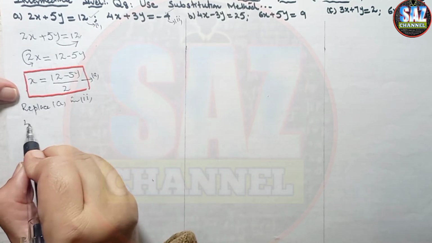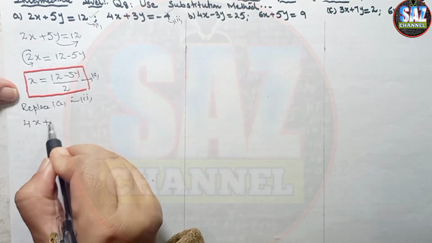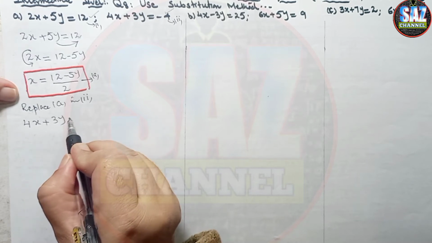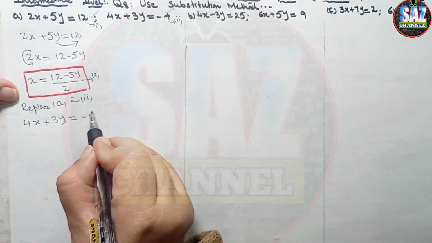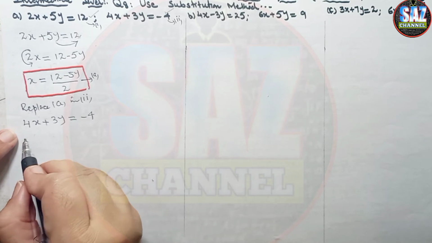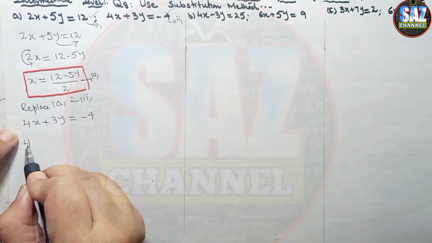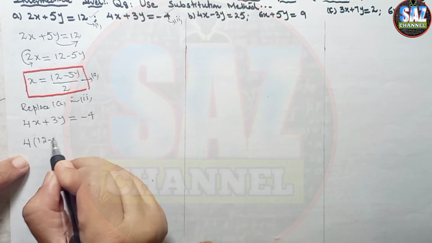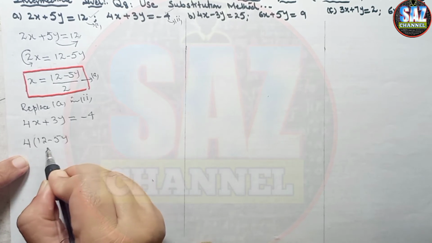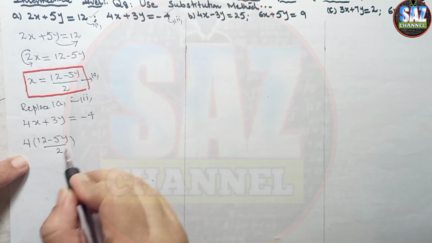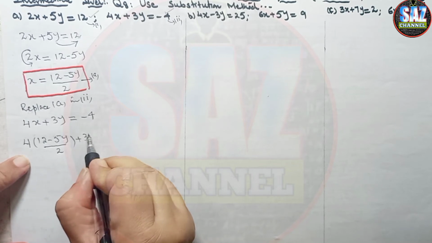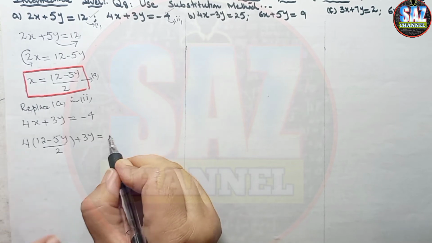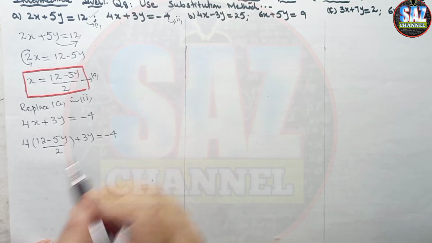So equation 2 will take the form 4x plus 3y equals to minus 4. Instead of x, I have to replace 12 minus 5y by 2, 4 times 12 minus 5y by 2 plus 3y equals to minus 4.